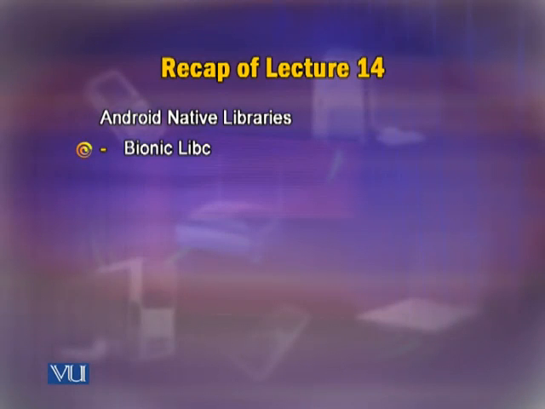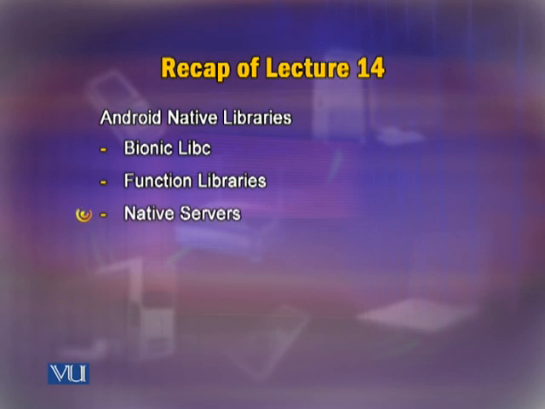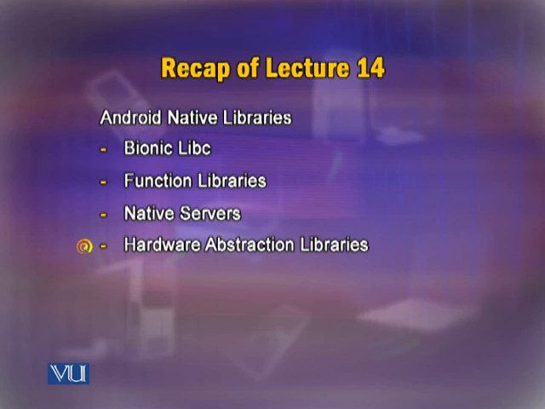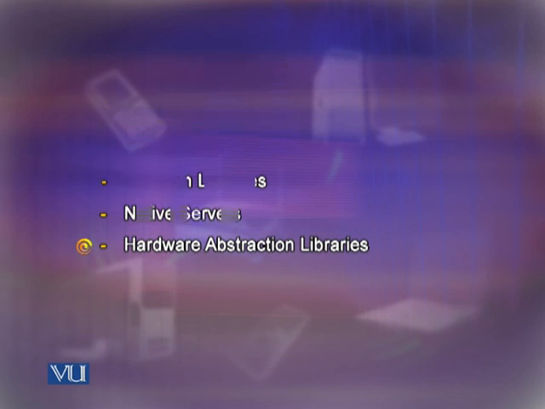Then the second component for our classification was the function libraries. The third component was native servers, and the fourth component of these native libraries is the hardware abstraction layer. So these are the 4 components that we classified the core C++ libraries into, and these are the libraries that do most of the heavyweight work for us.